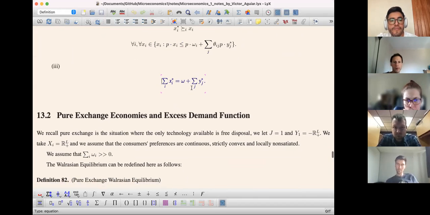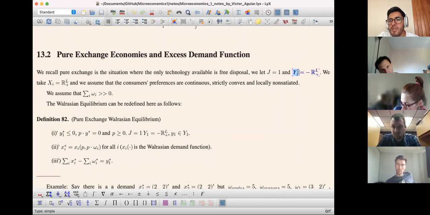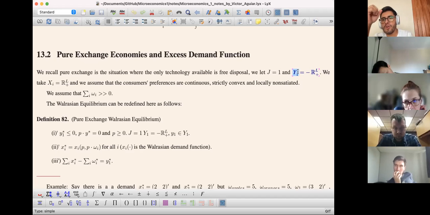So just a reminder. Now, we're going to define with this what is called a pure exchange economy and an excess demand. A pure exchange happens when the production plan is just the free disposal technology, right? So there is only one firm, and this firm is equal to minus R^L plus. I explained this to you as imagining there is a garbage can. The Edgeworth box can happen in a laboratory.